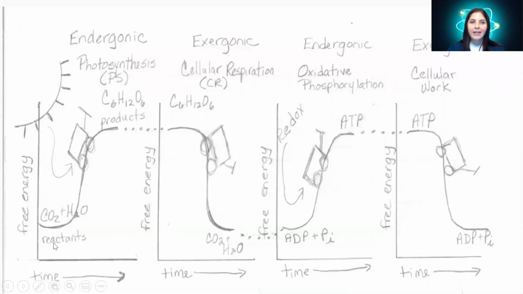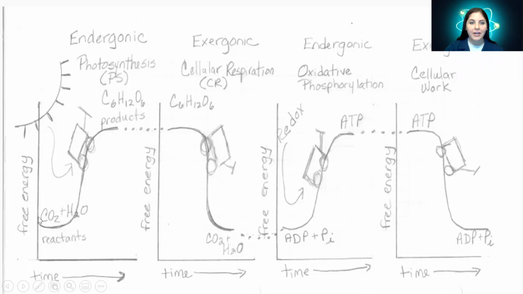Taking a look at some of the endergonic and exergonic reactions, let's look at a couple of coupled reactions. Again, we have our photosynthesis and our cellular respiration. In photosynthesis, if you look here, we don't have a lot of free energy at the beginning of this reaction.